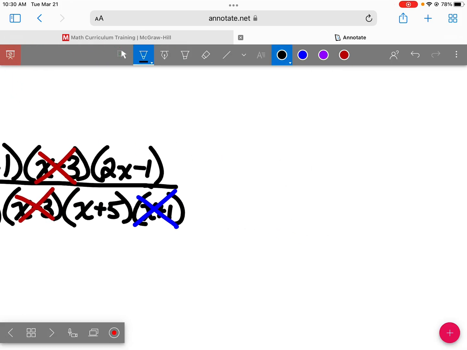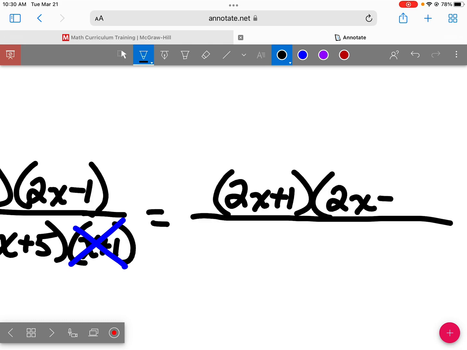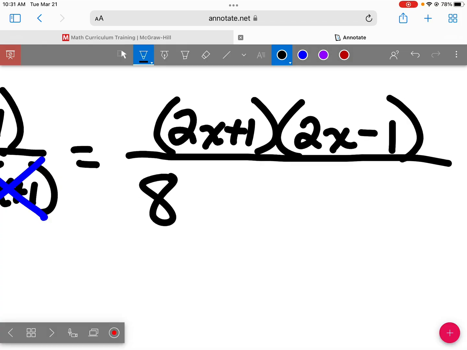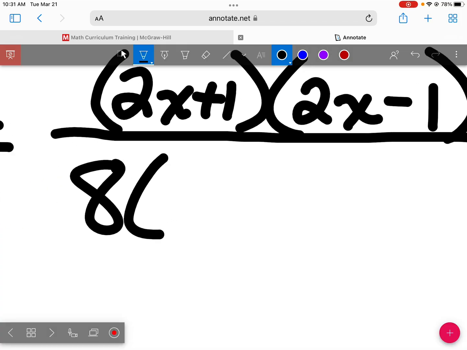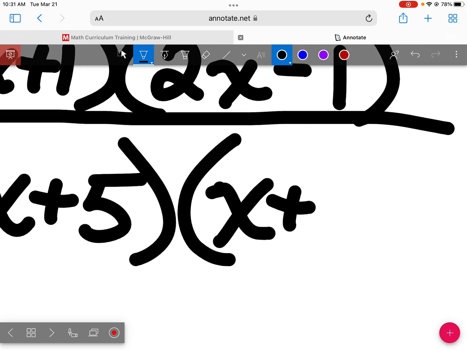All right. If nothing else can cancel, I'm going to write down the factors that I've got left. 2x plus 1, 2x minus 1 were left in my numerator. What all was left in the denominator? The 8, and then 2x plus 5. So I could write it as x plus 5 and another x plus 5.